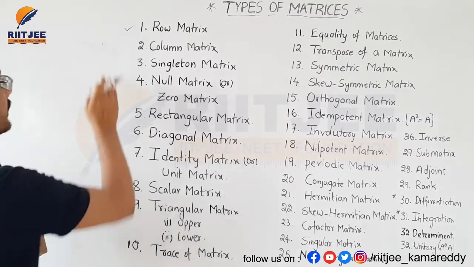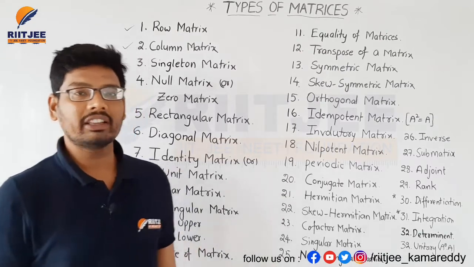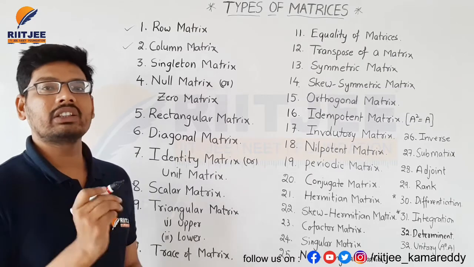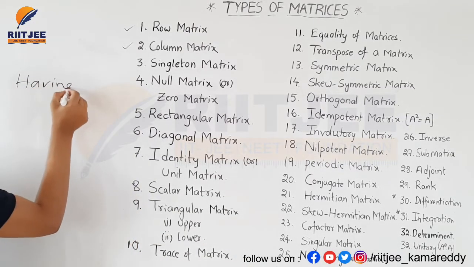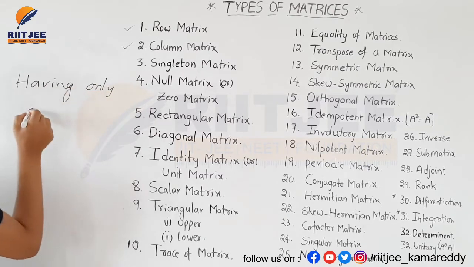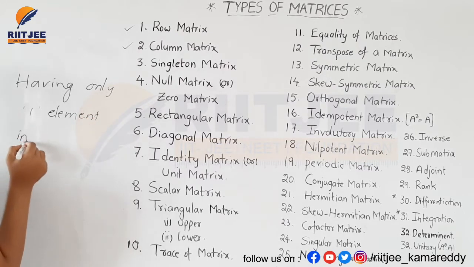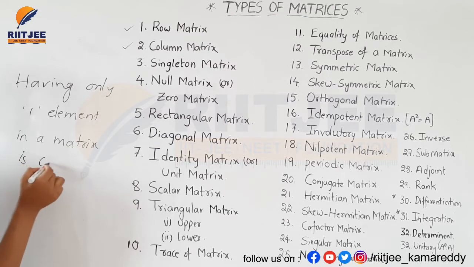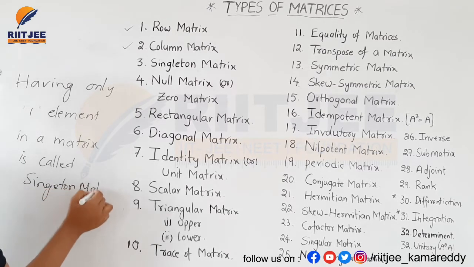Now this is completed. Next, what is a singleton matrix? A singleton matrix is nothing but having only one element in a matrix. Having only one element in a matrix is called a singleton matrix.